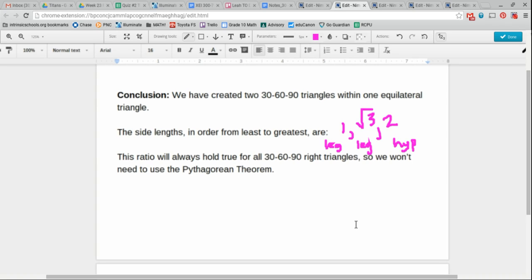So it says the ratio will always hold true for any 30, 60, 90 right triangle. So we don't have to use the Pythagorean theorem moving forward because we can use these shortcuts.